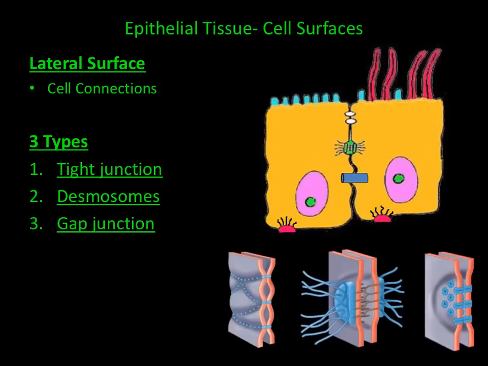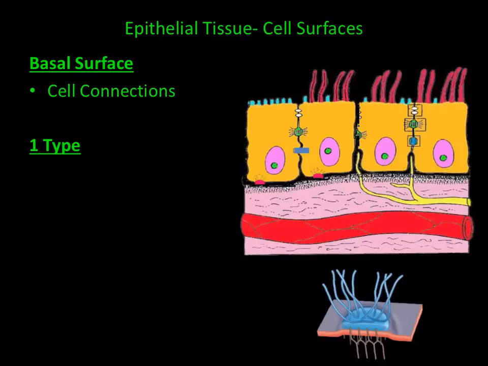A tight junction is where 2 lateral surfaces of adjacent epithelial cells have fused together. A desmosome is a special type of connector that allows tissues to stretch. And finally, a gap junction consists of a protein tunnel which allows substances to pass between the 2 adjacent cells.